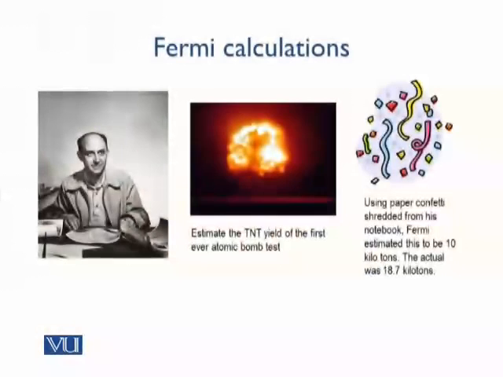The name of this method is actually attributed to Enrico Fermi, a famous Italian American physicist who also got a Nobel Prize, who was famous for making casual looking estimates of important things that we wanted to measure. So he is famous for actually measuring the TNT yield of the first ever atomic bomb test, and he actually did it without any instruments.